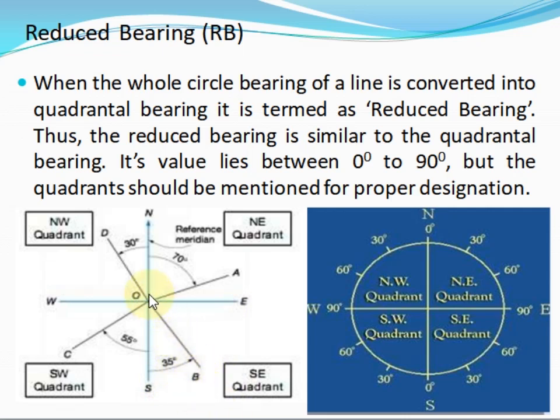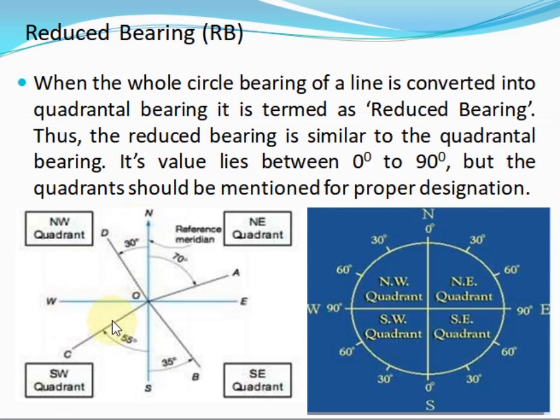If the line is in the third quadrant, for example line OC, you write south 55 degree west. When the line OD is in the fourth quadrant, you can write north 30 degree west.